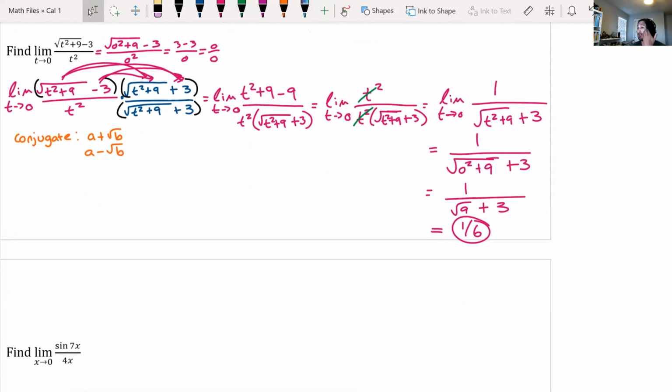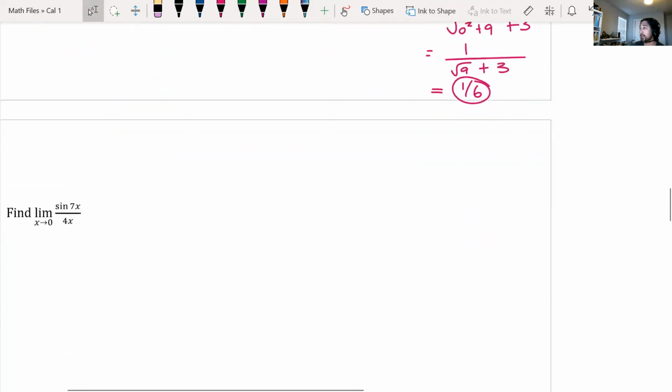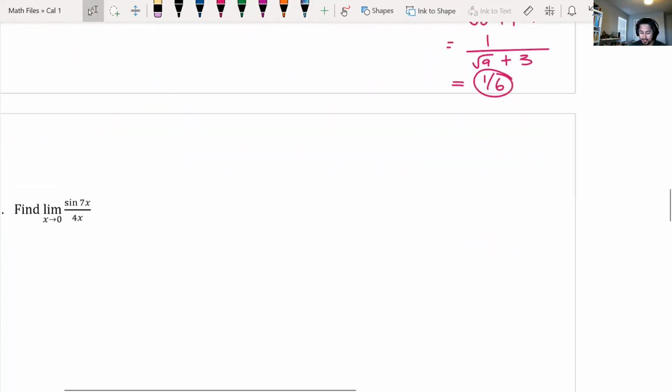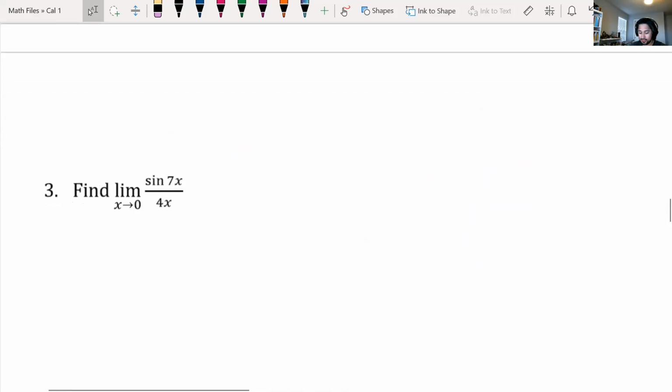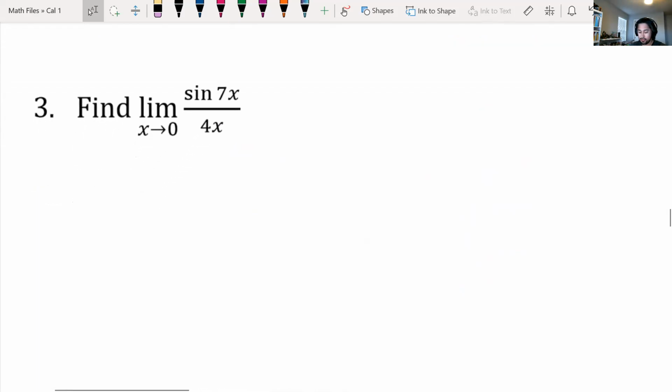Okay, perfect. All right. So now we get into a trig limit. Number 3. Find the limit as x approaches 0 of sine of 7x over 4x. Now this should start setting off bells.